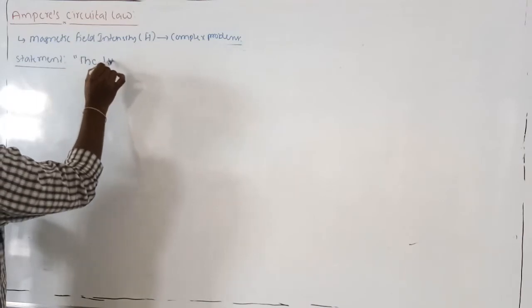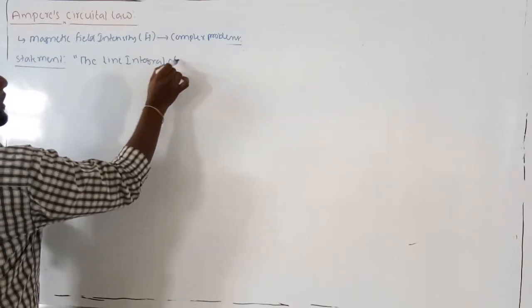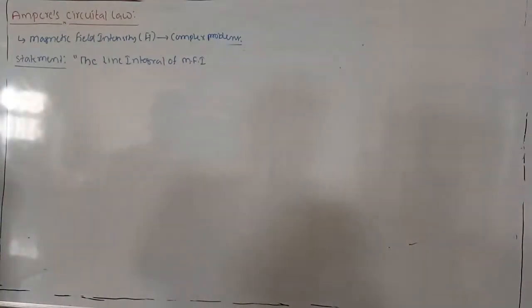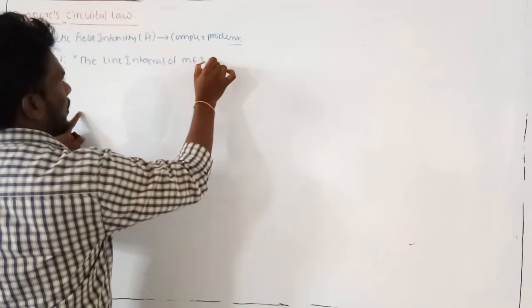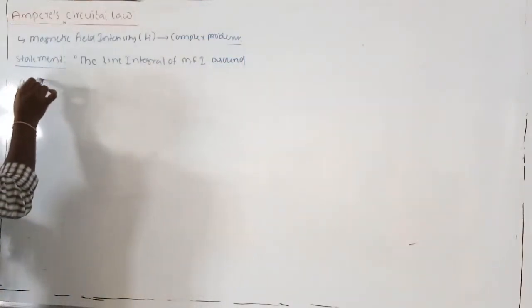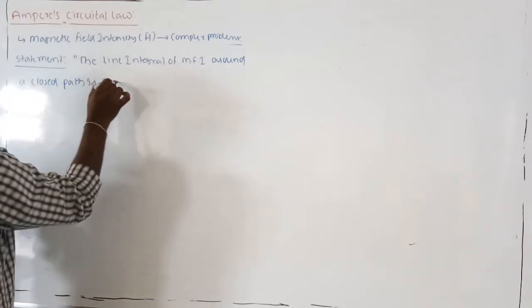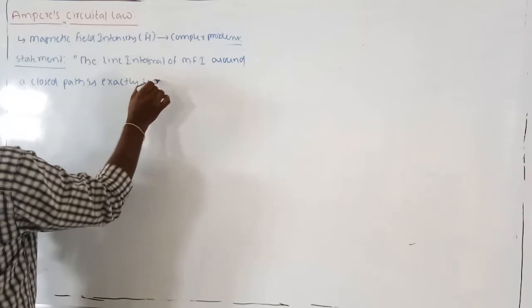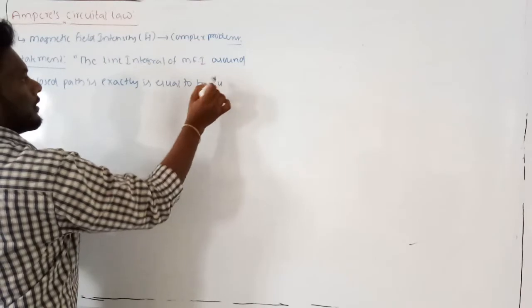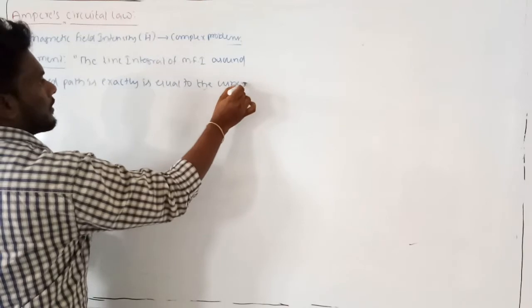The line integral of magnetic field intensity H around a closed path is exactly equal to the current enclosed by that path.